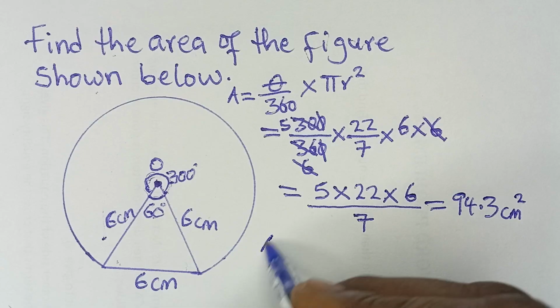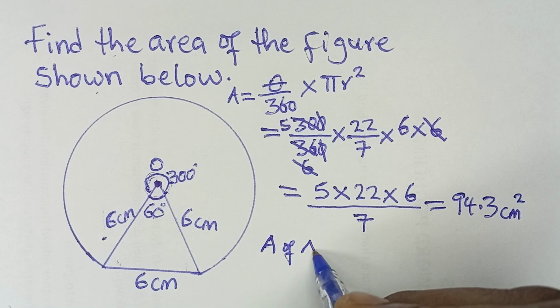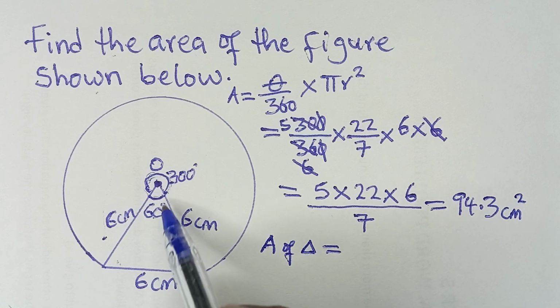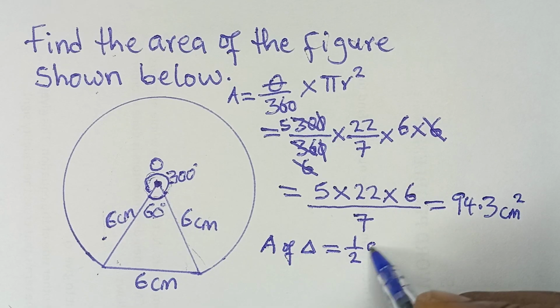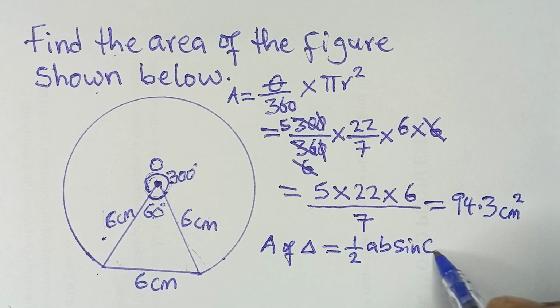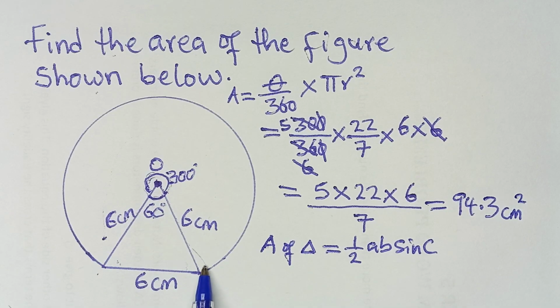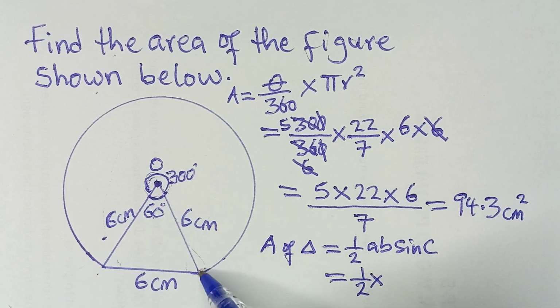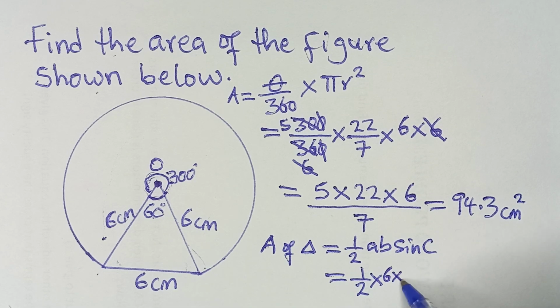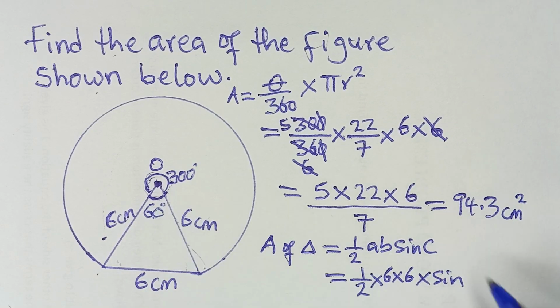Since we have two sides and an angle between them, I can use the formula half AB sine C. When you have two sides of a triangle and the angle between those two sides, you can use this formula to find the area of the triangle, half AB sine C. So that will be equal to half multiplied by, the two sides are 6 and 6, so A is 6 multiplied by B is 6, then times sine of the angle between them, which is 60. So sine 60.